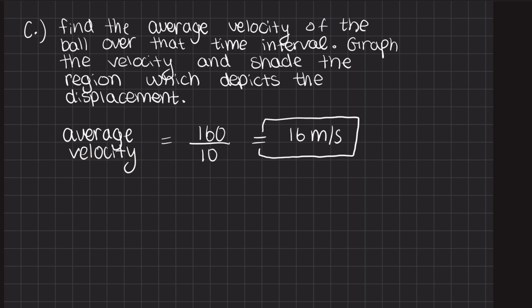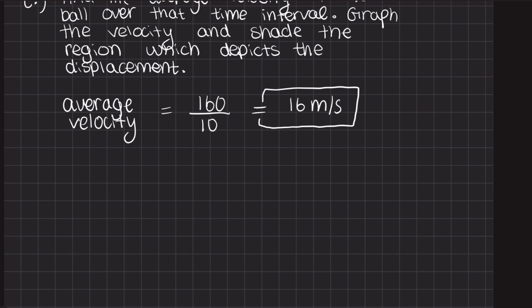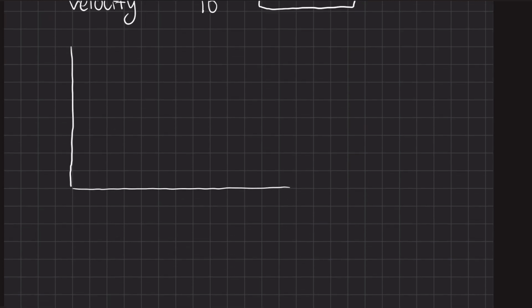But now we're going to kind of relate that back to what we've been doing with integration, right? So we're going to graph, which we only need the first quadrant because we're going from t equals 0 to 10.